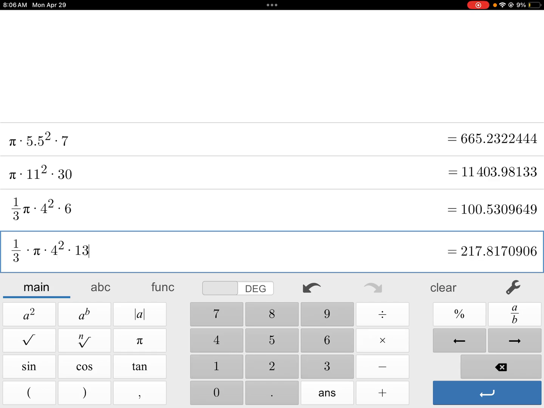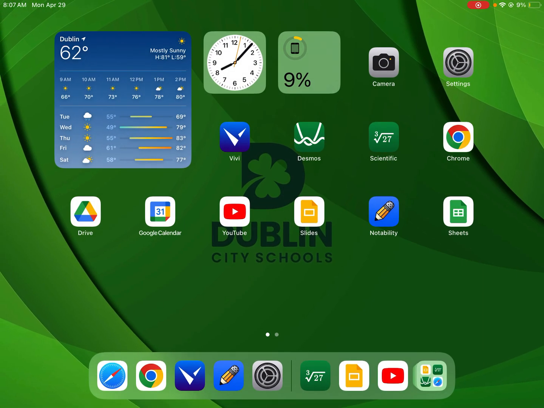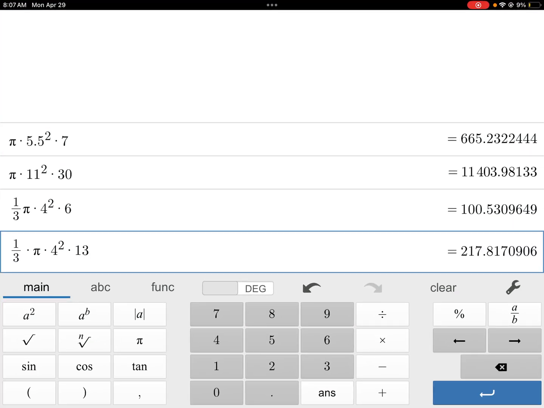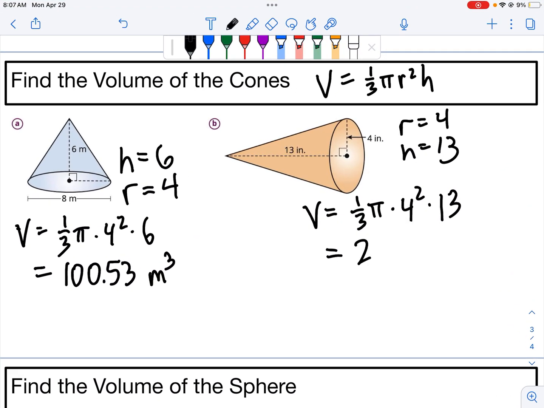I'm going to make sure I got those numbers right, 4 and 13. Yep. All right, we end up with 217.82. Don't forget to round. 217.82 inches cubed.